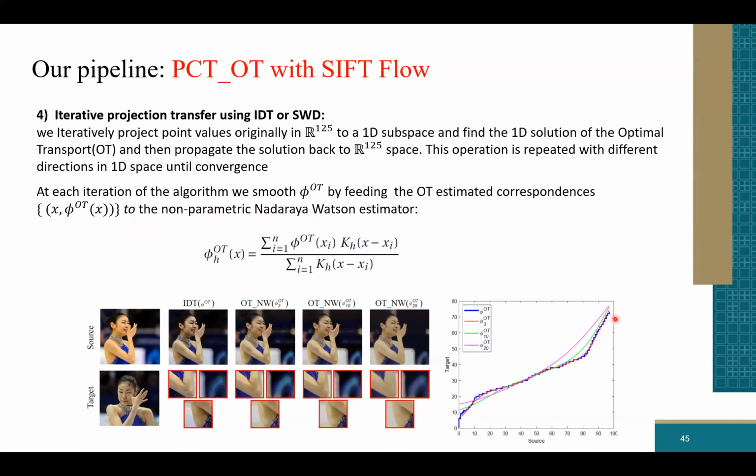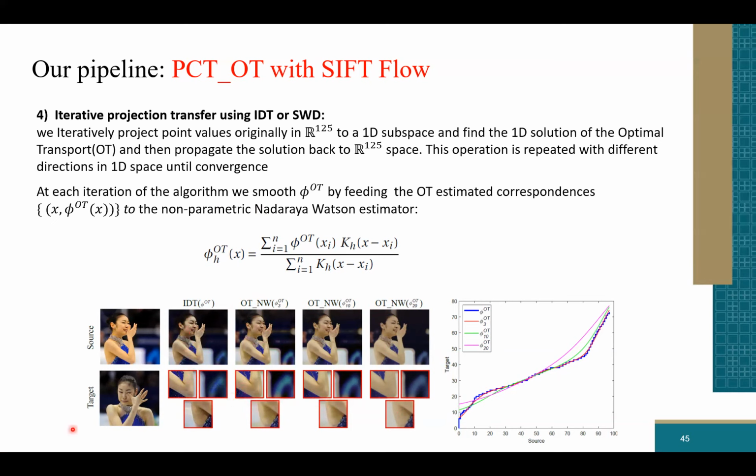In this figure, we see an example of one 1D iteration. We have the optimal transport, and we see that it's not smooth, so we smooth it using the Nadaraya-Watson. We have H, the bandwidth that affects the smoothing. This figure shows different results when we choose different H. Too high a value for H can remove the detail of the image, and too low a value doesn't smooth anything.